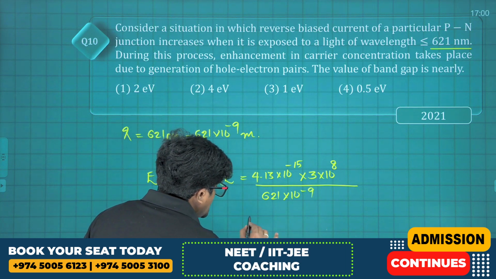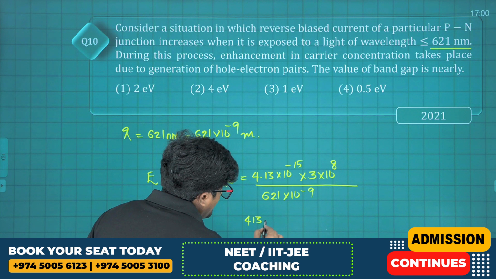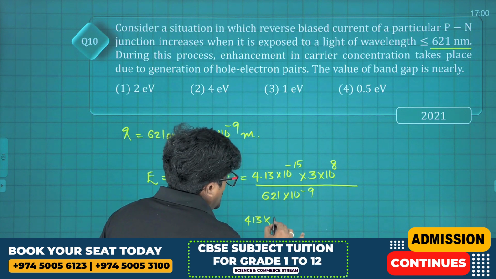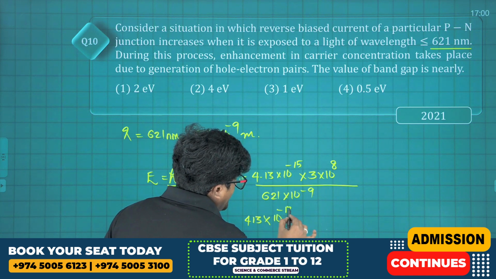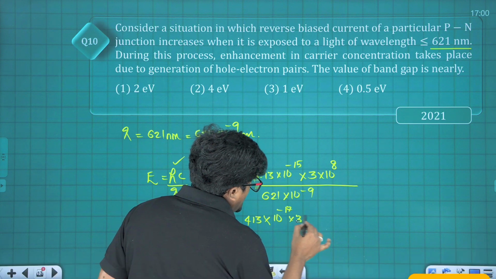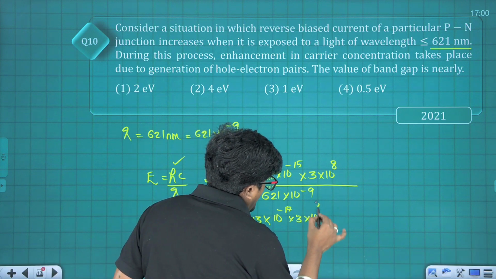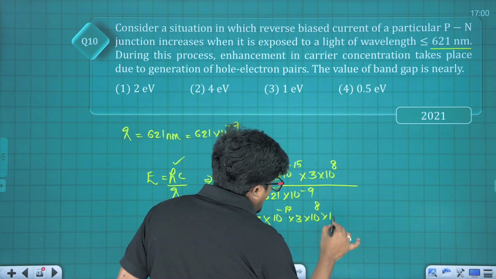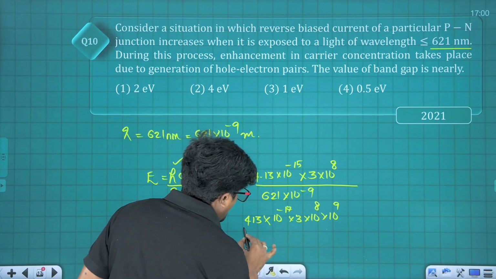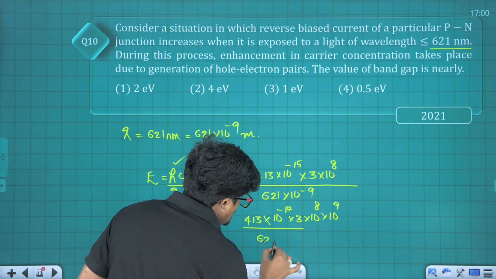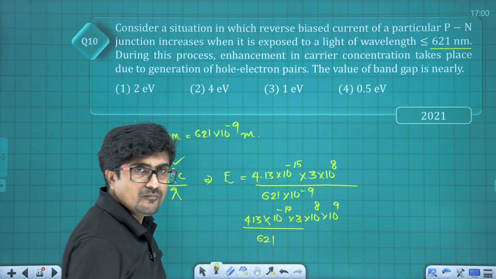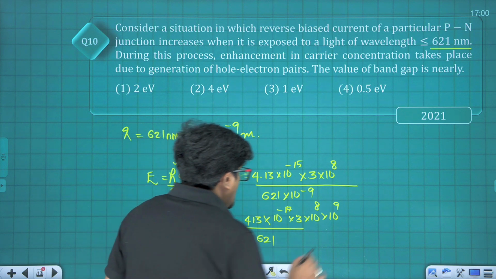Here I am going to mark it as 413 into 10 to the power minus 17 into 3 into 10 to the power 8 into 10 to the power 9 all divided by 621.